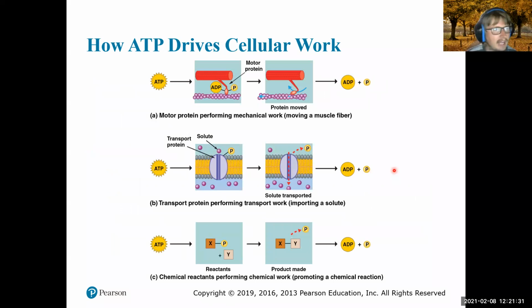So here we have some examples of that, where we have muscle cells contracting, we have active transport moving molecules across the plasma membrane, and then we have two reactants, two molecules being put together to make a product. So those are examples of processes where ATP is used to perform work.